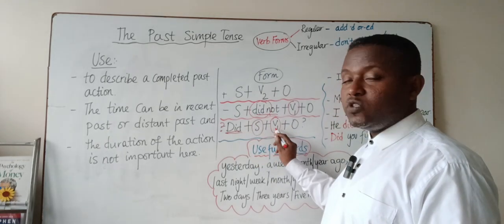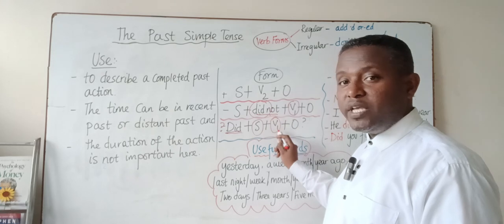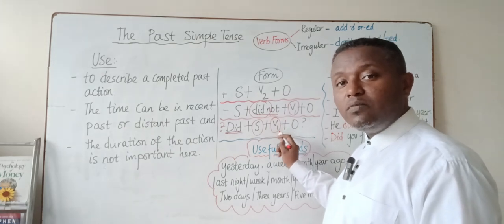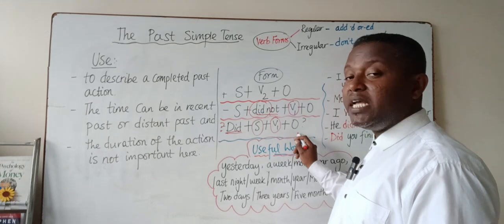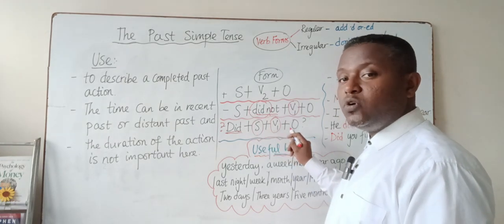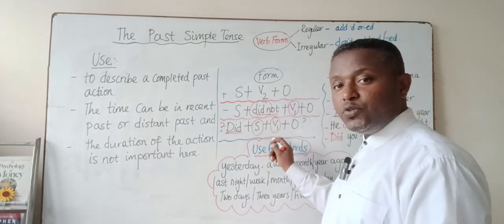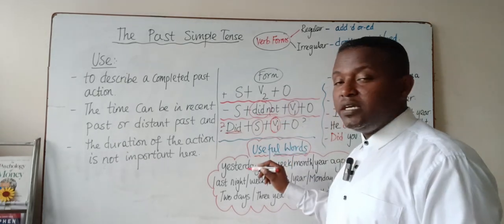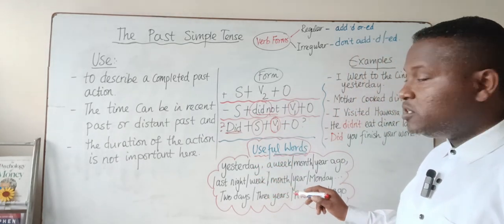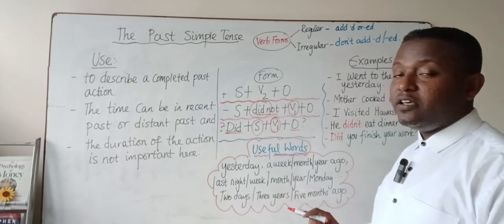We don't use another past simple form, we rather use the verb 1 form. So did you watch the match? Did you go to school? Did you read the book? Etc. So we use the verb 1 here, and then the object.